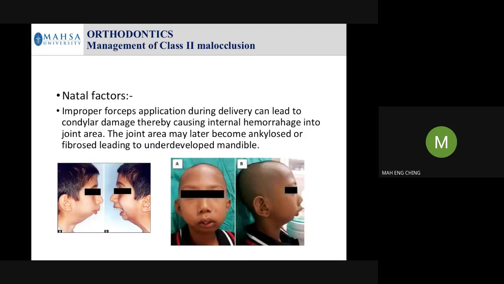So the natal factor, this one is not very usual, not very common, and sometimes improper delivery of the baby or improper forceps application during delivery can lead to this condylar damage and cause an internal hemorrhage then into the joint area. So whatever causes the trauma to the joint, when the joint recovers, it might become ankylosed or fibrosed, then leading to this underdeveloped mandible.